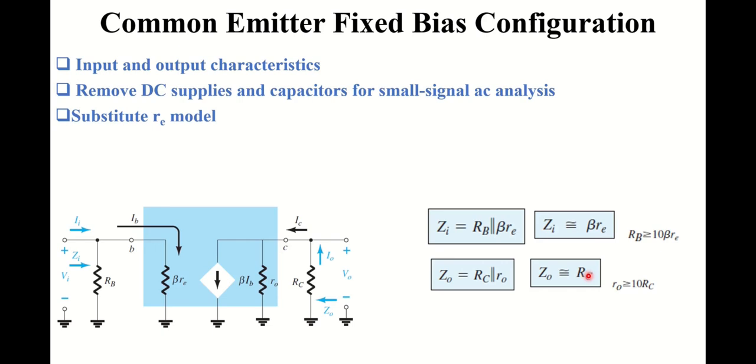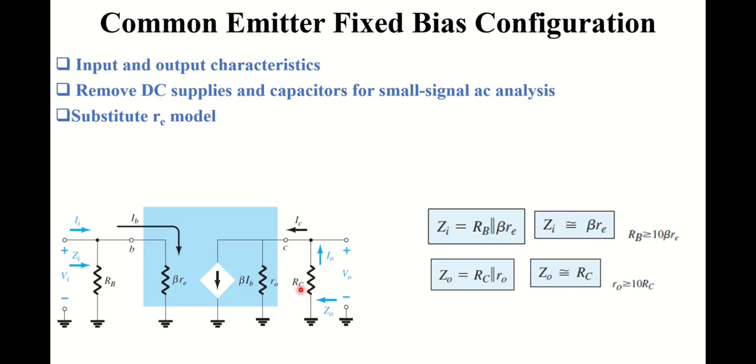Now in order to calculate the voltage gain AV for this configuration, we need to first find the formula for output voltage V0 of this configuration, because AV is equal to V0 over Vi. The output voltage V0 is the voltage drop across the parallel equivalent resistance of R0 and RC, whose derivation can be found in the textbook.